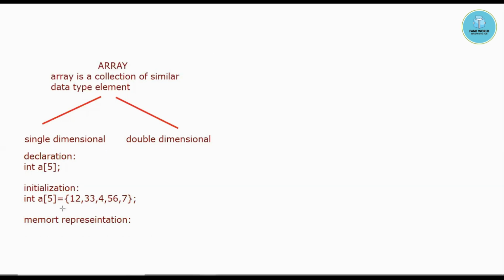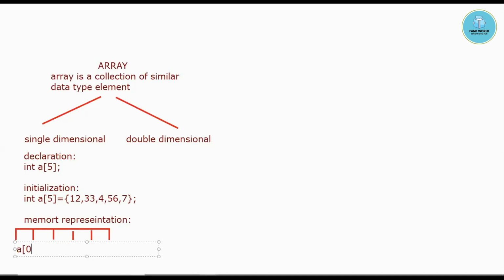Basically the array is stored in the memory, as we are having multiple values for the single name. So this way, 1 2 3 4 5, we have taken 5 elements. First is a of 0.